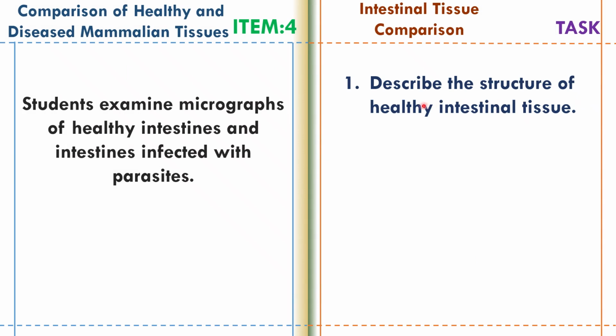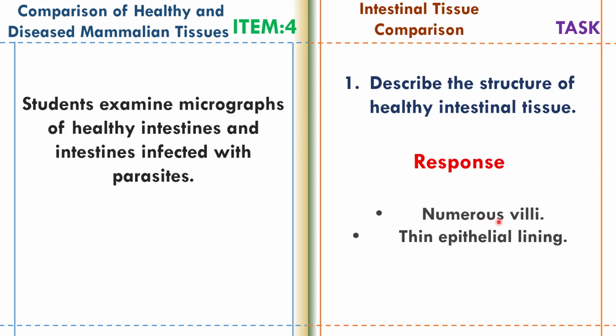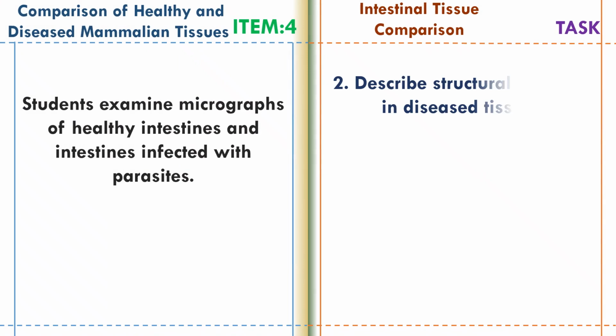Describe the structure of healthy intestinal tissue. Numerous villi, thin epithelial lining. Describe structure changes in diseased tissue.